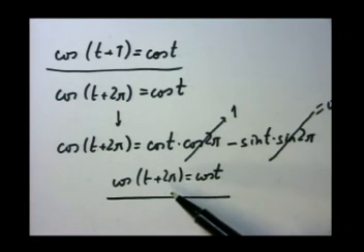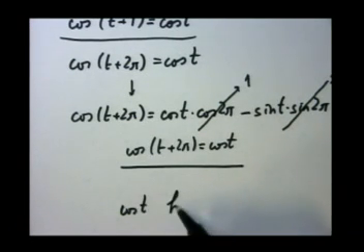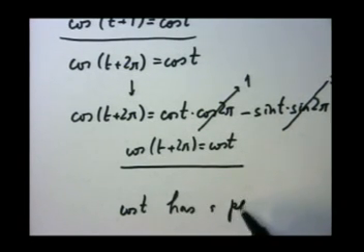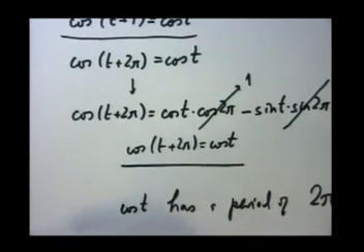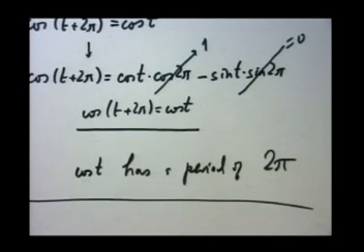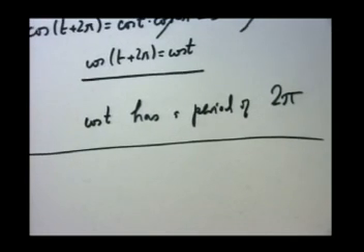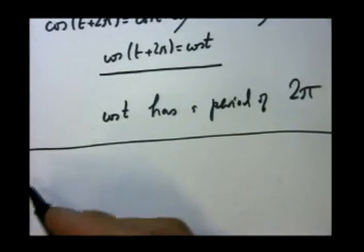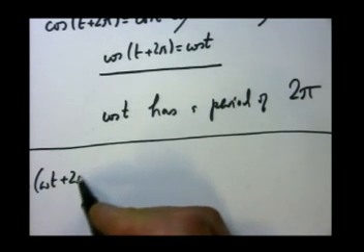And that means that cosine t has a period of 2 pi. Analogously, I can do the same with the rest, say cosine of omega t plus 2 pi.